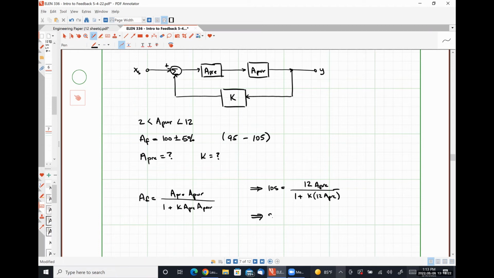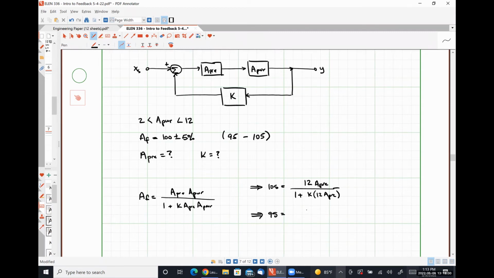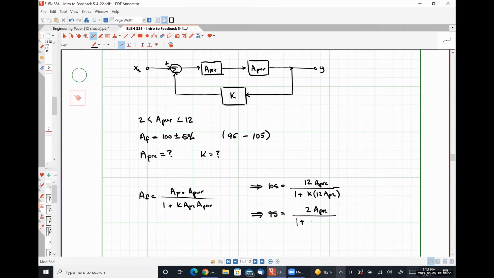Our minimum closed loop gain of 95 occurs when our power amplifier is at its minimum gain, twice A pre over 1 plus K times twice A pre.